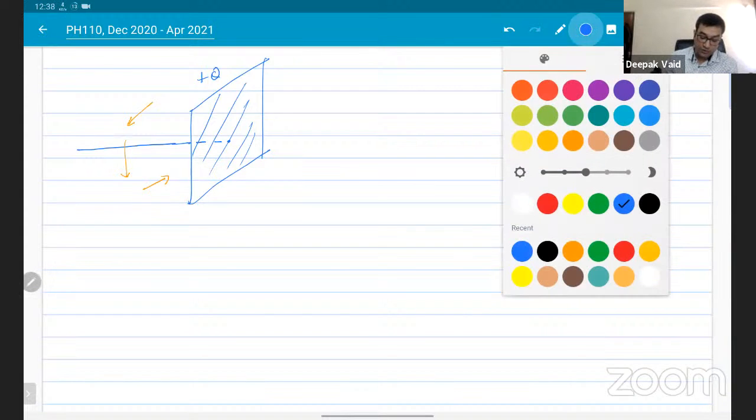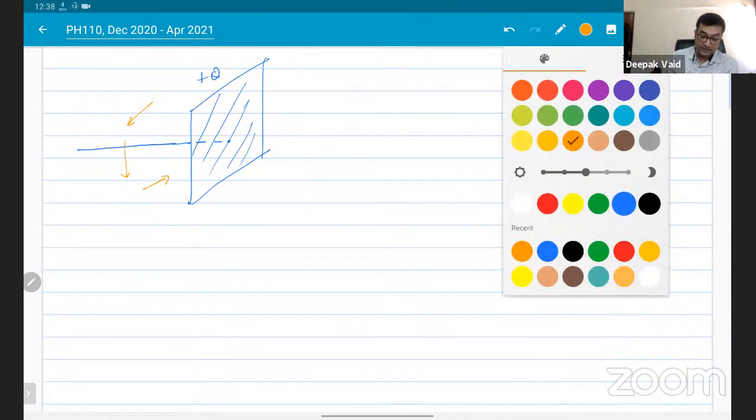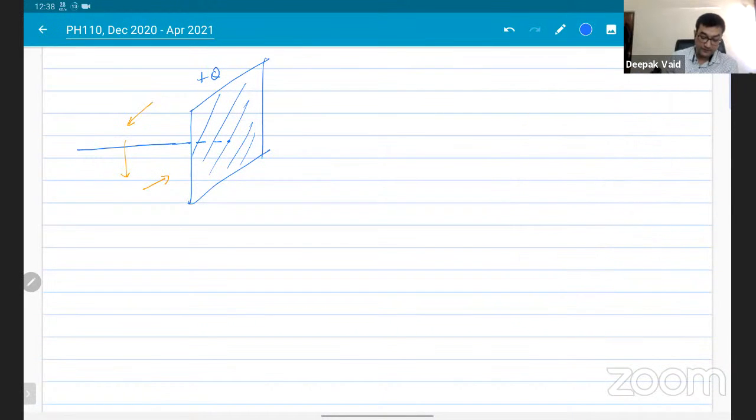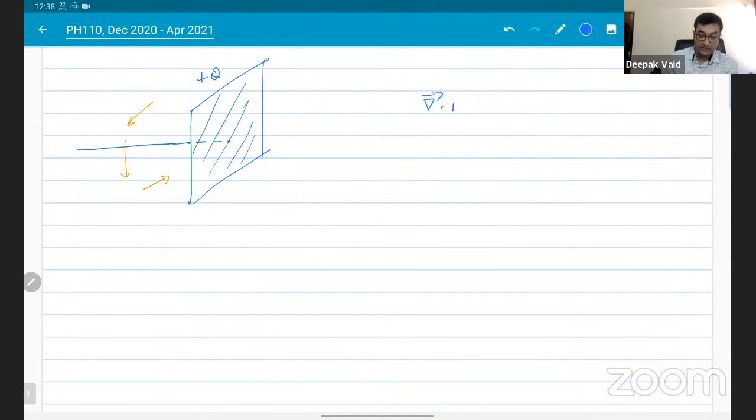So one can show from this divergence equation. If we look at this equation, remember that we have Maxwell's equation. It says that the divergence of B is equal to 0.